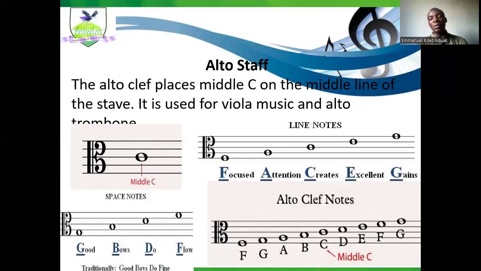Now combine the lines and the spaces together for the alto staff.